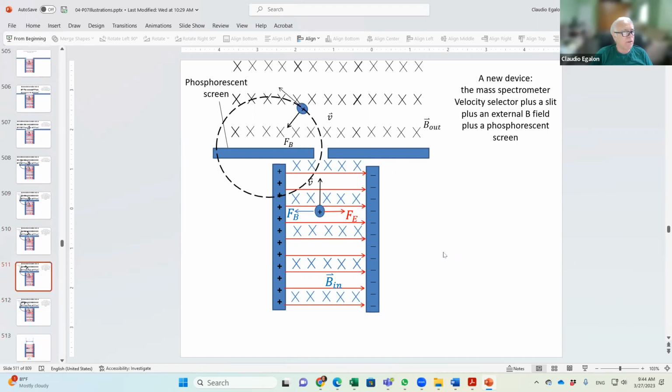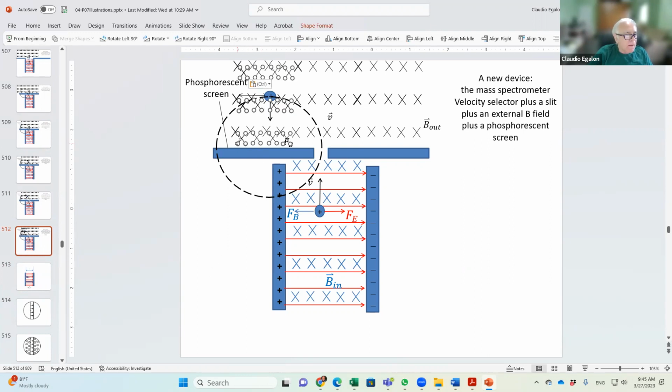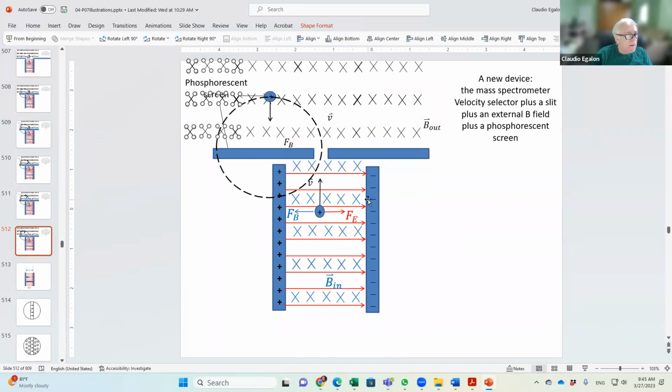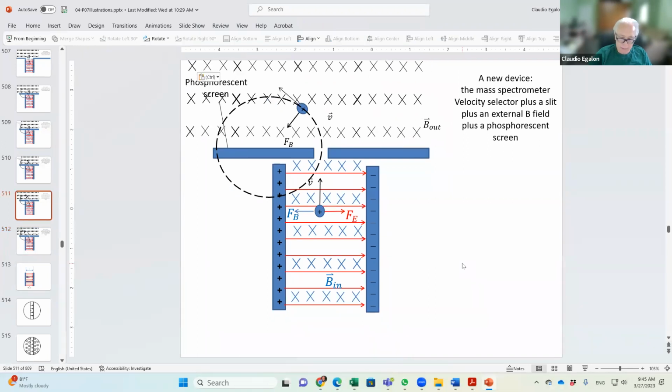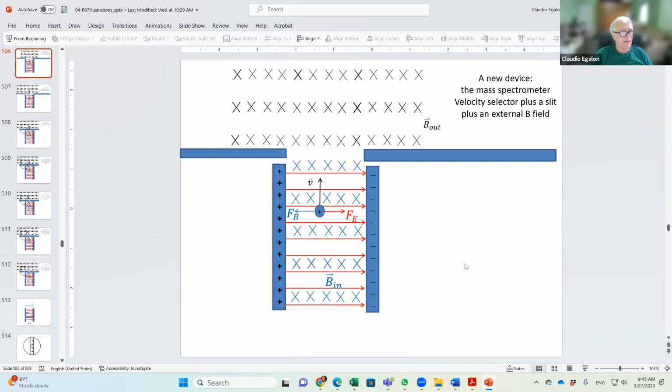As the particle moves in this circle, eventually it's going to hit this phosphorescent screen around this region here. Copy and paste, and now you have more. Okay, so let's animate that.